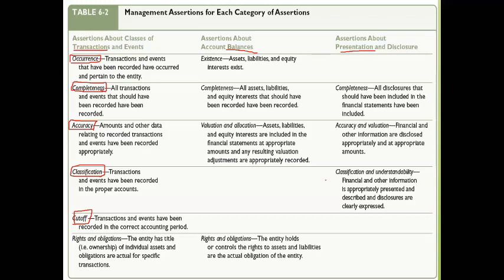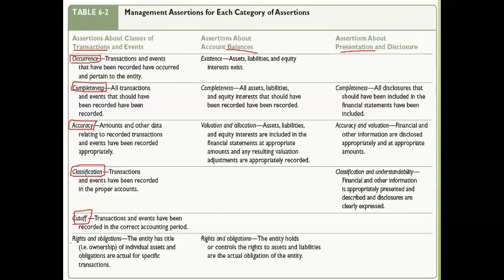So maybe the management is aware that next year we will not be able to achieve our budget, so I will defer some sales to the next period. Here management violated the cut-off. The cut-off means that I have to record all the transactions that happened during the current period in the current period. So cut off is related to timeliness, which is the right time to record the transaction.